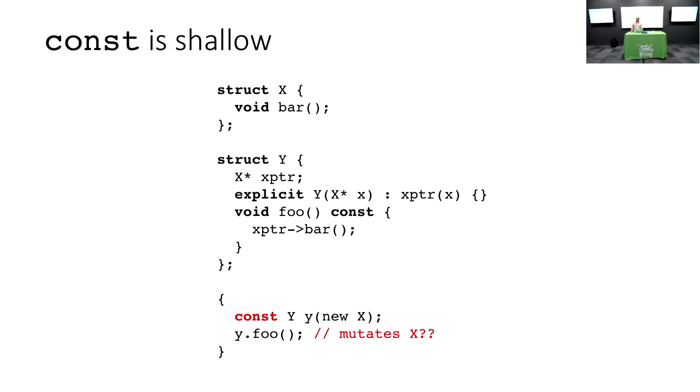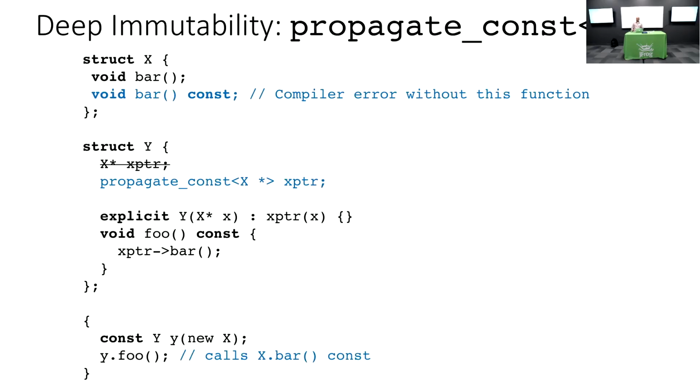We can fix that using something called propagate const. A propagate const is essentially a wrapper on top of a pointer, and depending upon the context in which propagate const is used, it is either treated as a const or not. So here we have to add a const function in x, and the x pointer is wrapped in propagate const.